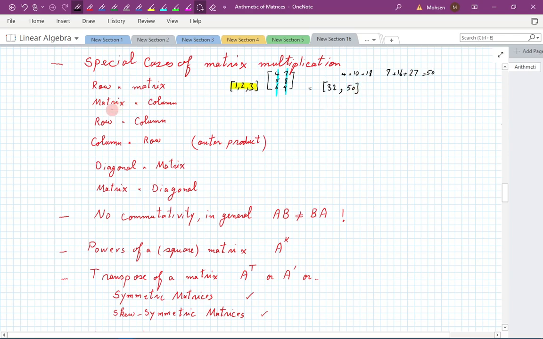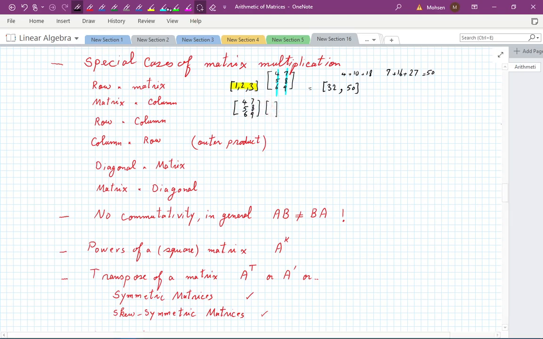Well, what if I want to multiply a matrix with a column vector? So suppose I take the same thing, 4, 5, 6, 7, 8, 9. Suppose I want to multiply by a column vector. What should be the size of this so that we can actually do the job?